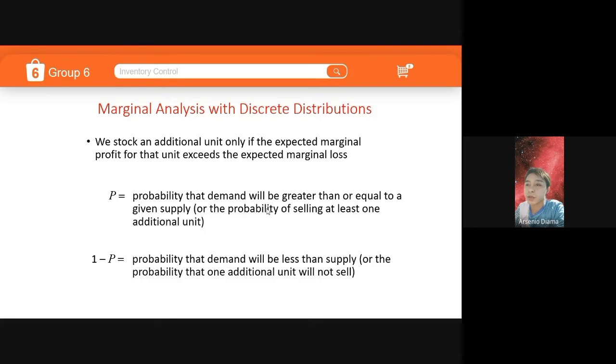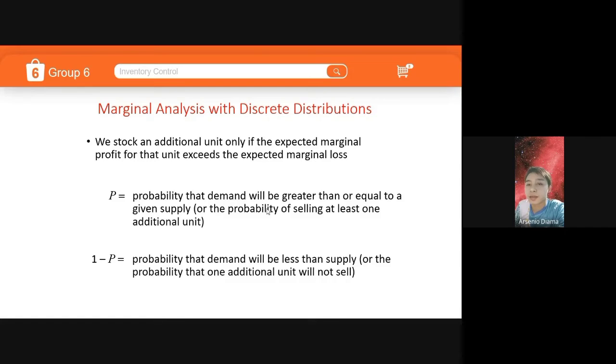So P is equal to the probability that demand will be greater than or equal to a given supply, or the probability of selling at least one additional unit. And 1 minus P is the probability that demand will be less than supply, or the probability that one additional unit will not sell.